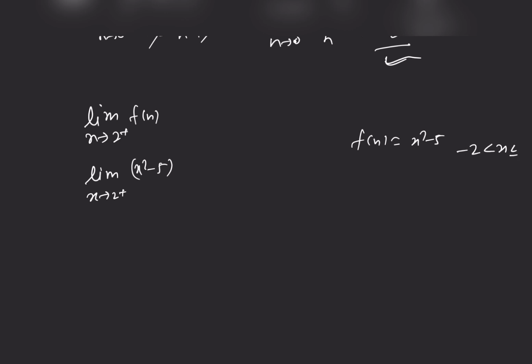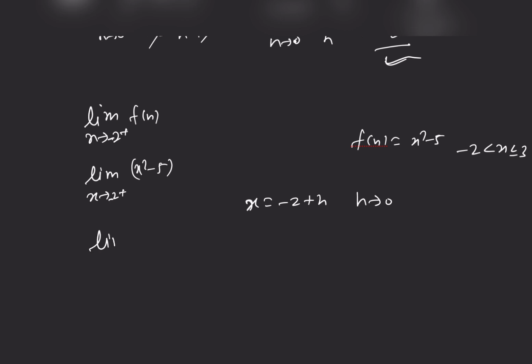So here the limit x goes to negative 2 plus of f of x. We know that f of x should be x square minus 5, since f of x equal to x square minus 5 when we have minus 2 less than x less than or equal to 3. Now in this case, x equal to minus 2 plus h, where h tends to 0.